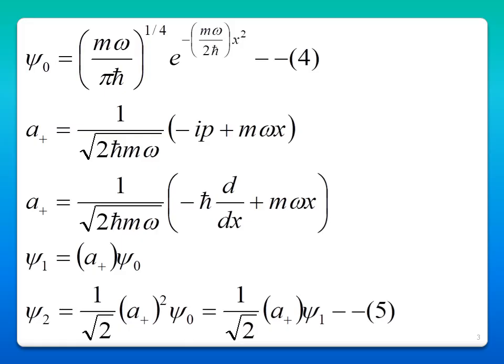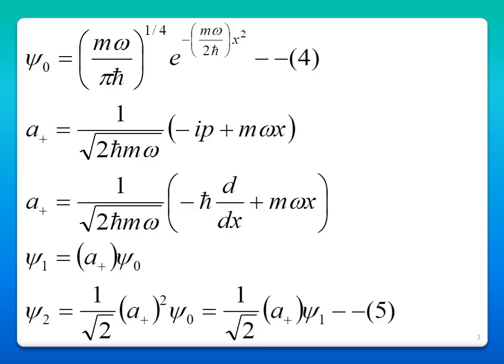And also we know A plus, the ladder operator, the raising operator, can be written in terms of momentum and position as 1 by square root of 2 h cross m omega, minus i p plus m omega x. If we put p equal to the operator minus i h cross d by dx, then you get A plus equal to 1 by square root of 2 h cross m omega, minus h cross d by dx plus m omega x.